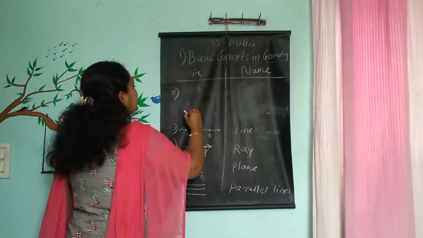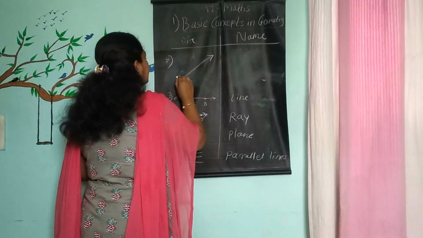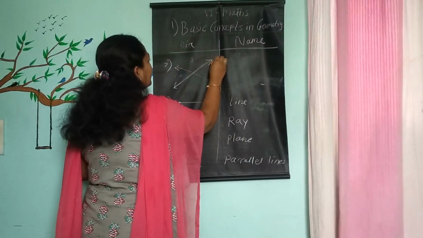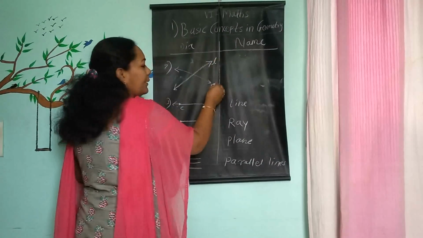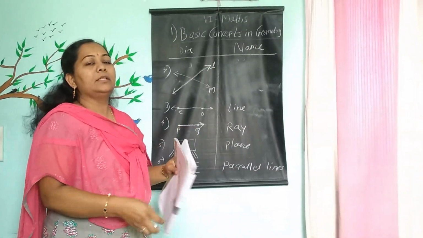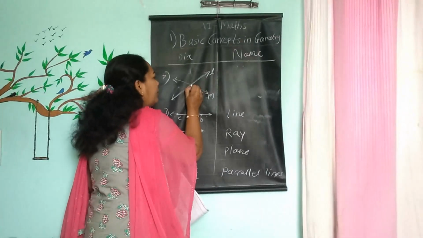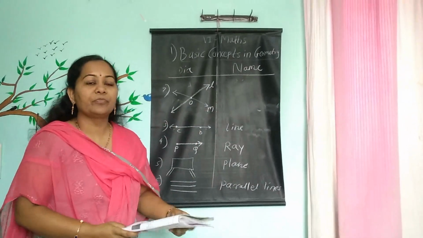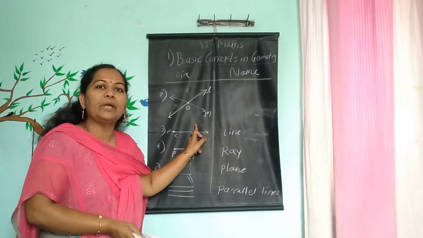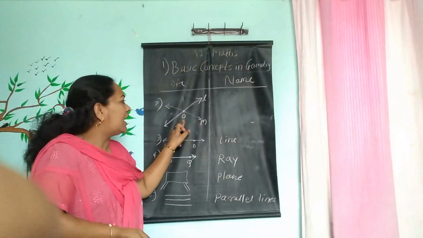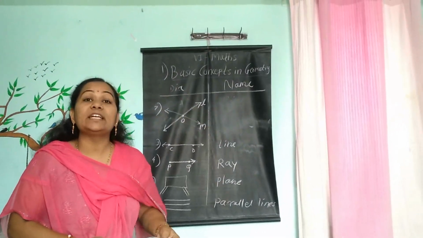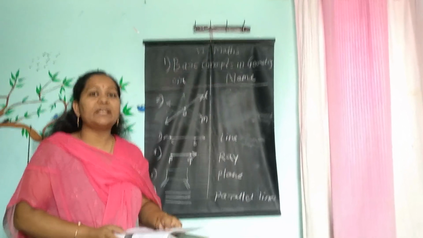Intersecting lines. Suppose I am drawing one line in this direction and I am drawing another line in this direction. Suppose this is line L and this is M. When this line L and line M cross each other at one point, we may say point O, when they are joining each other at one particular point, maybe in any direction, both lines are called intersecting lines.